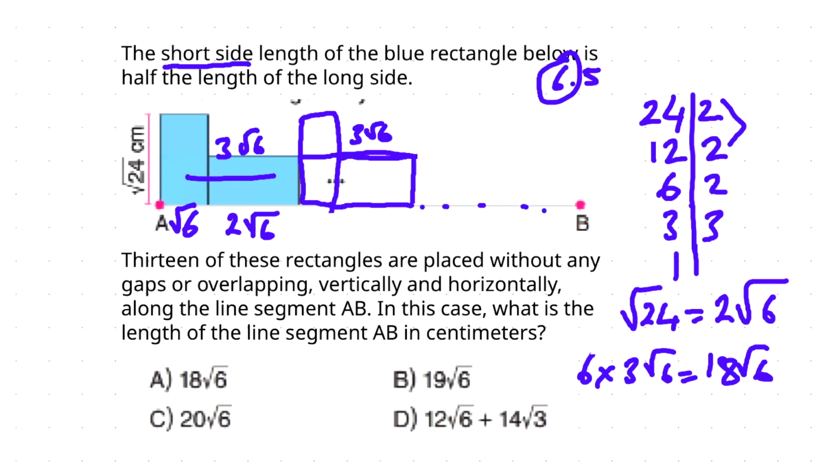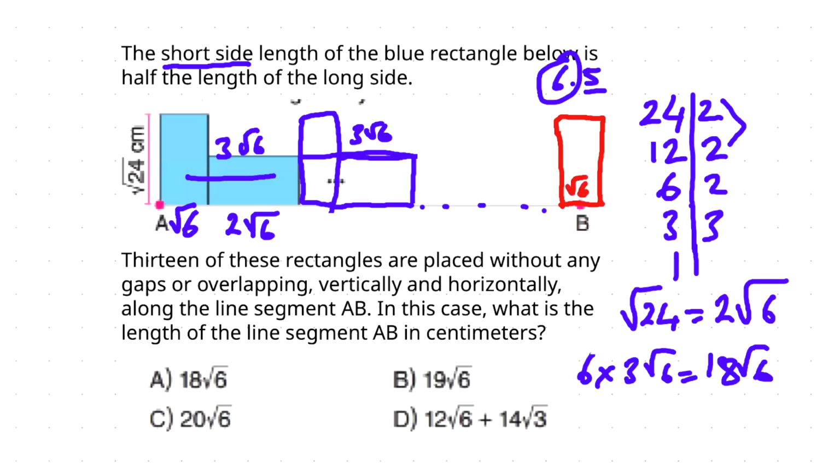No, A is not the answer, because this 0.1 means, since the rectangles are going this way, in this pattern, the 13th rectangle, the very last, will be a vertical rectangle. If that's the vertical one, then it's going to provide us another root 6.